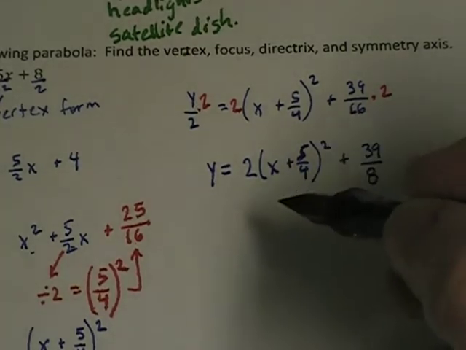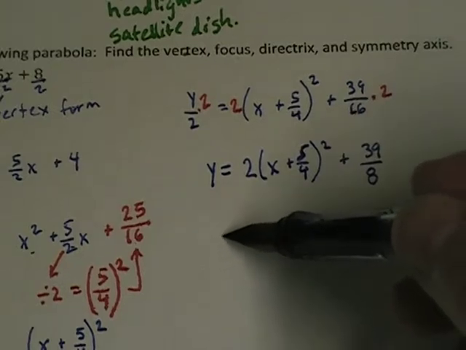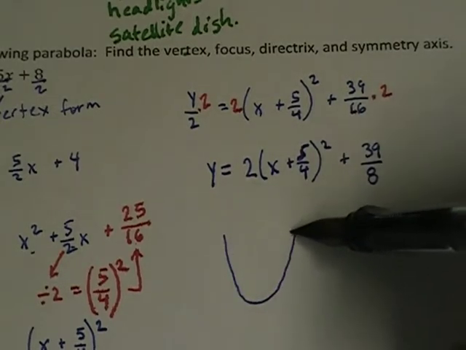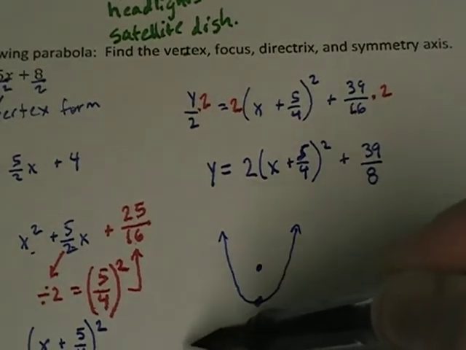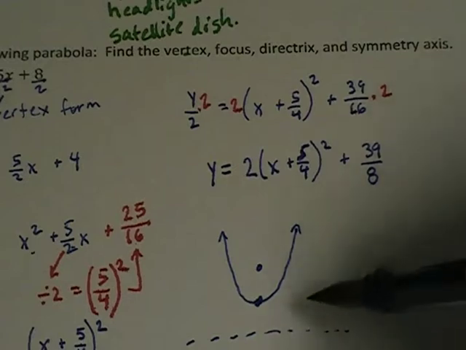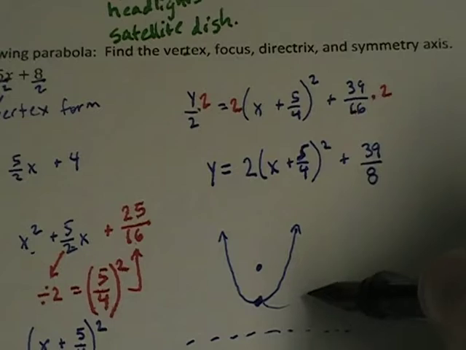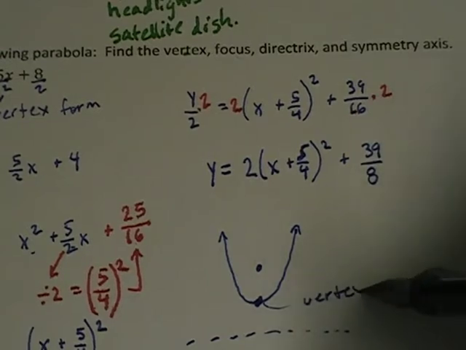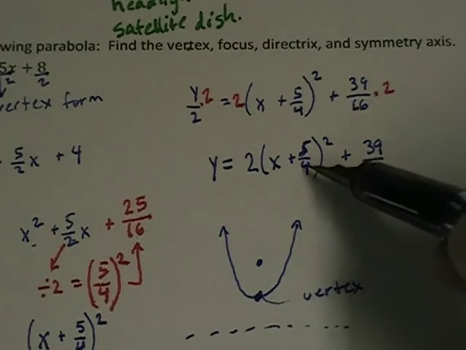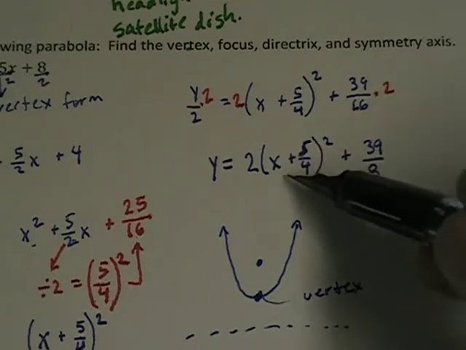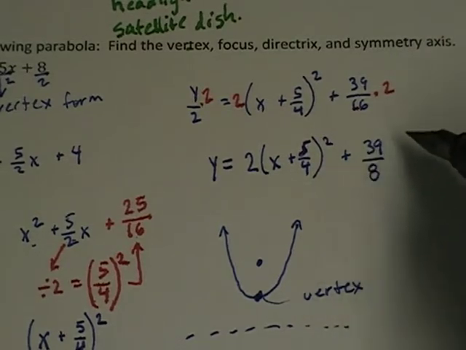They want us to answer some questions. The first thing I like to do is just picture this parabola in my head, and it's going to be upward. I've got the focus and the directrix, and here's the vertex. The first question they ask is the vertex. The vertex is always going to be how far has this moved from the origin left or right, and how far has this moved from the origin up or down.